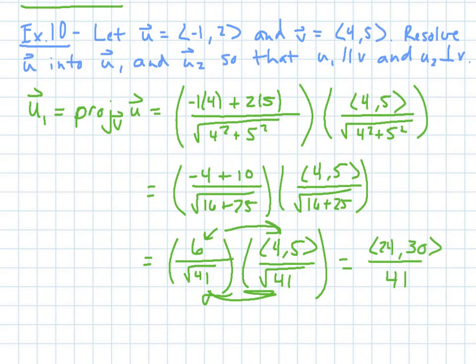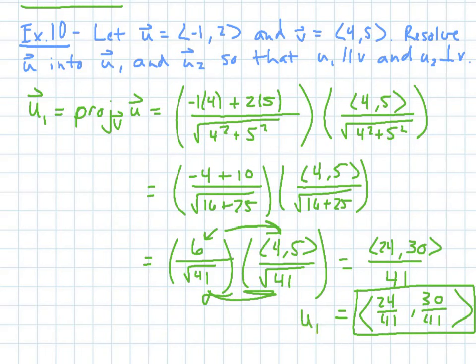Now I can rewrite my vector for u sub 1 as 24 over 41, comma 30 over 41. So that's one of your answers. There's your u sub 1 vector.